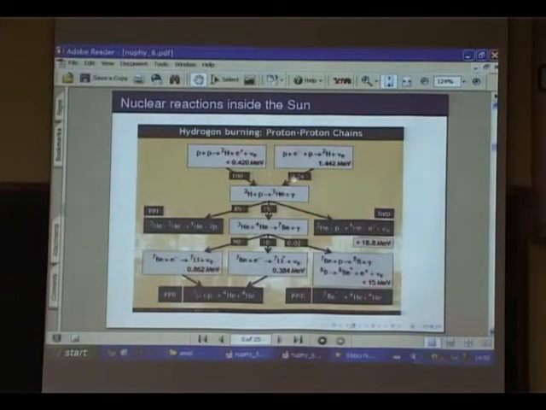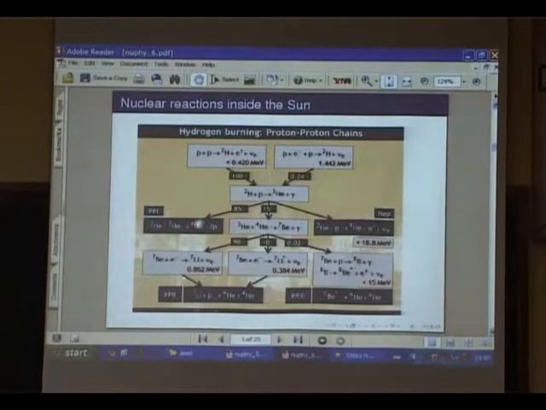Now both of these, as you notice, have formed deuterium. This deuterium combines with another hydrogen nucleus to give you helium-3 and gamma. This gamma is very often just absorbed in the sun, since the sun's density is very large, so this is not a gamma that we see. After this process, you can have 3 different reactions.